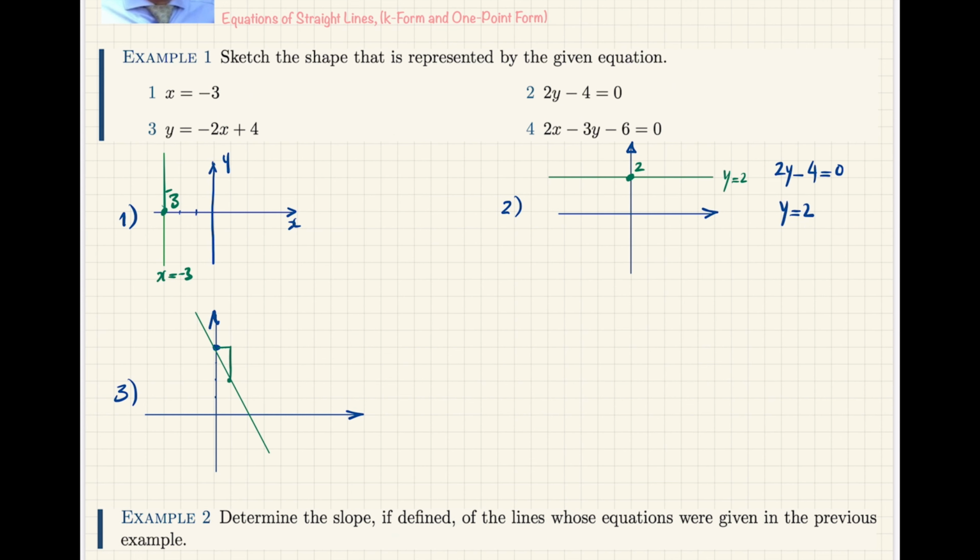Okay, so if I wanted to do this, I will set up a table of 2 values for x and 2 values for y. One thing is very good: I put x equal to 0, and then I calculate y using the equation. If I put x equal to 0, y becomes 4.